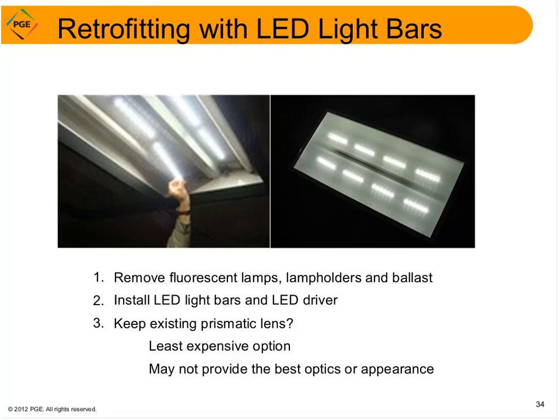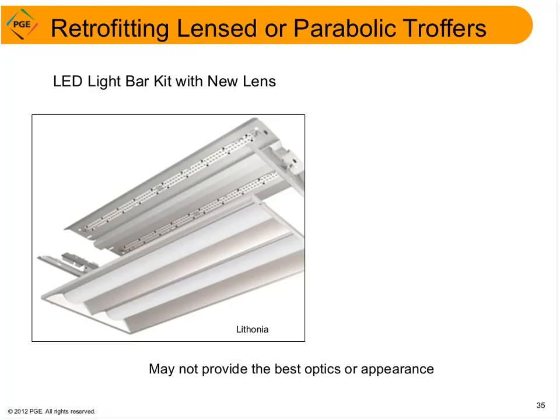You want to remove the existing lamps, lamp holders, and ballast, then install the light bars and LED driver, which is similar to a fluorescent ballast. And then you could just keep the existing lens, but keep in mind this may not provide the best optics or even the best appearance. But this is the least expensive LED troffer upgrade option, maybe around $70 to $80, and usually cheaper than LED T8s.